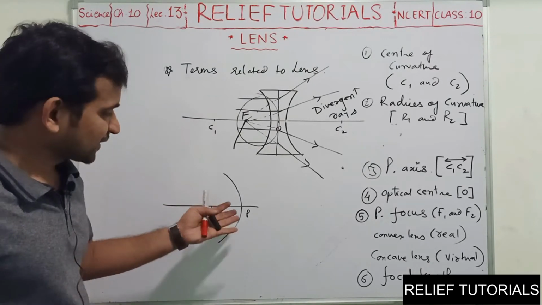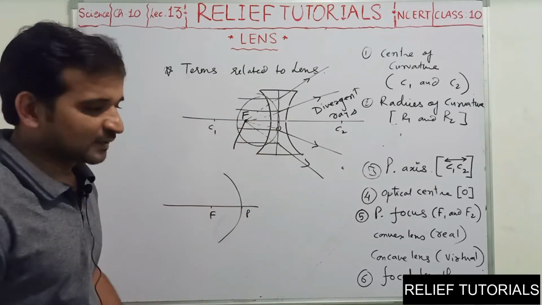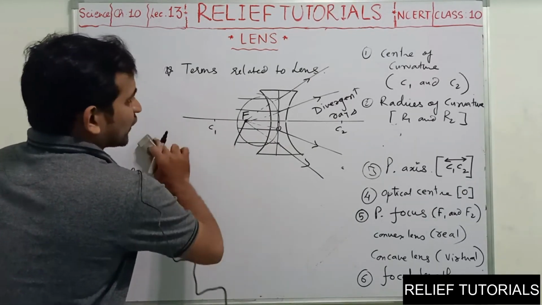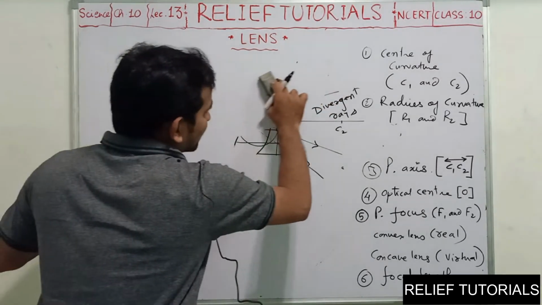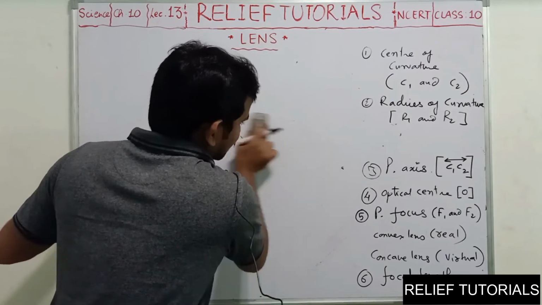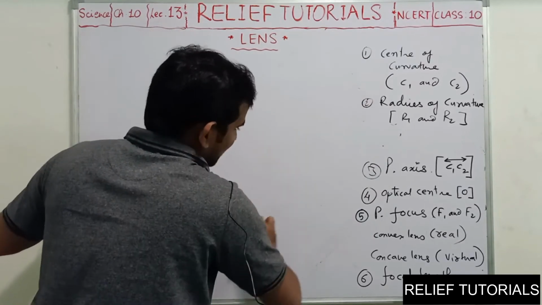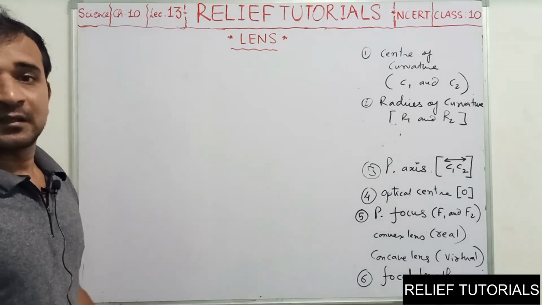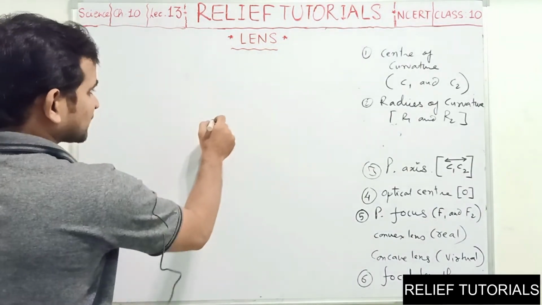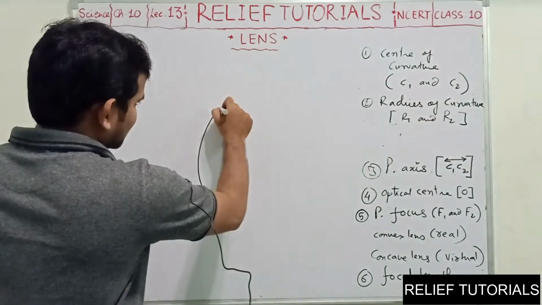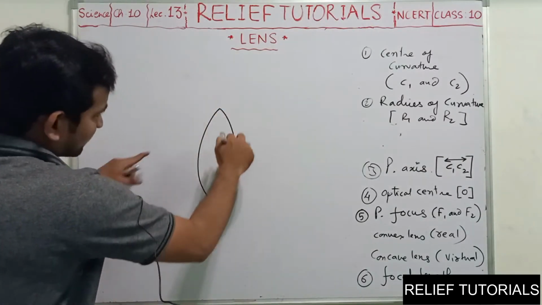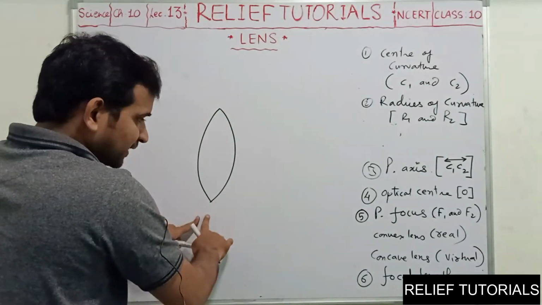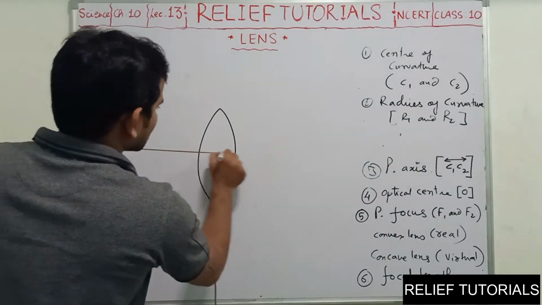Here instead of P we have O. So the distance between O and F is called focal length. But here we have two principal foci, so there are two different focal lengths. But here we are using a lens having uniform curves on both sides, so the focal length also will be the same.